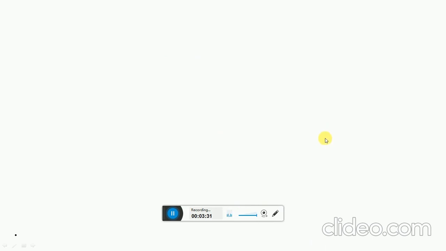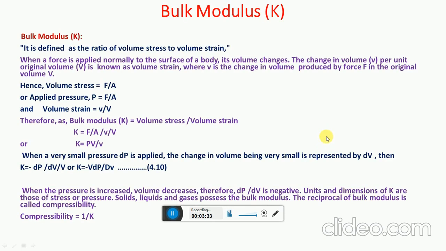When we consider the bulk modulus, it is defined as the ratio of volume stress to the volume strain. That means in this type of modulus there is a change in volume. That means the deforming force acts in such a way that there is a change in volume.